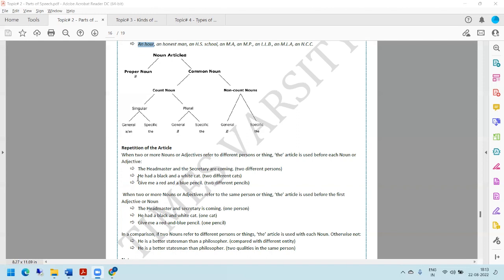Then, he had a black and a white cat. Here there are two different cats: one cat of black color and another cat of white color. So he had a black cat and a white cat. Now tell me, we are using the indefinite article "a" here. Why are we not using "the" or "an"? Anyone?